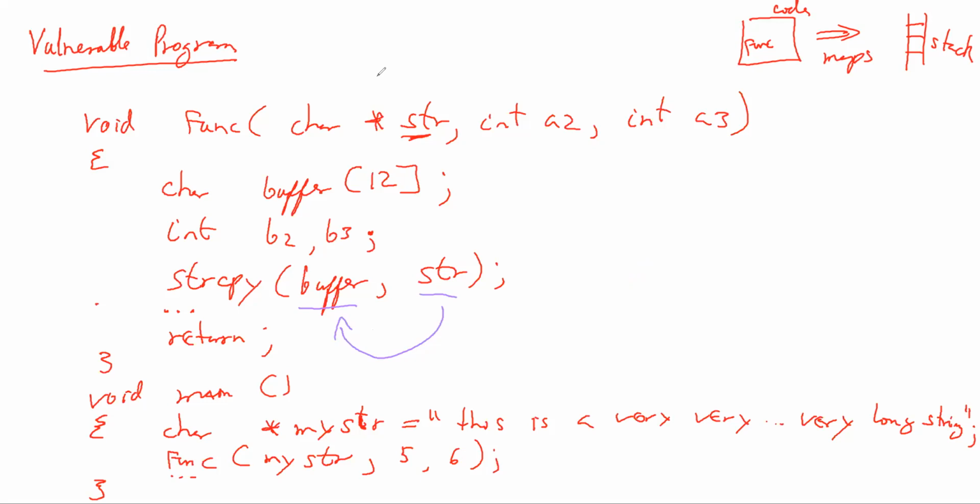Is it that buffer is only supposed to have 12 characters and we have a lot more than 12 characters? That's right. That's exactly right. Great answer. And that is the basis of the entire problem. Imagine that for whatever reason, this is 512 bytes, right?